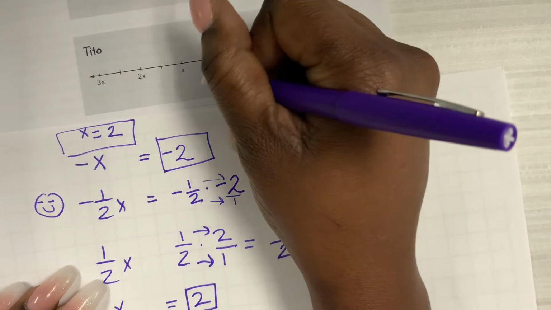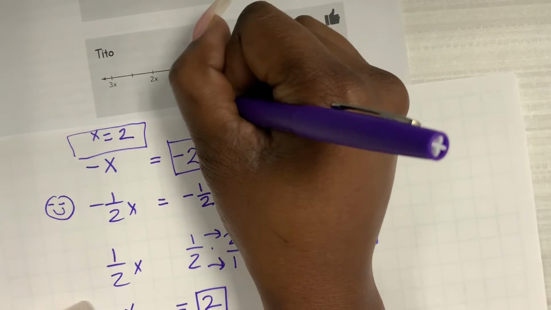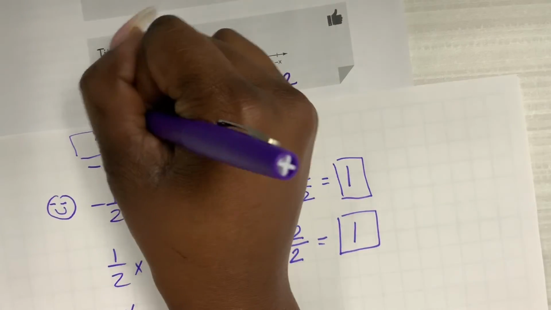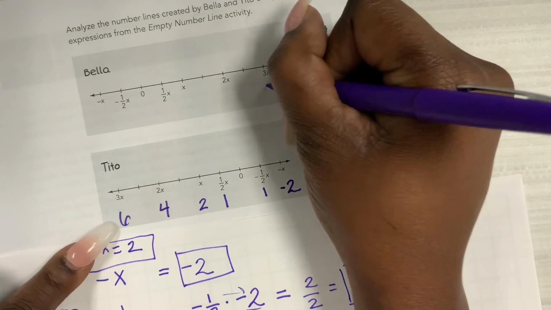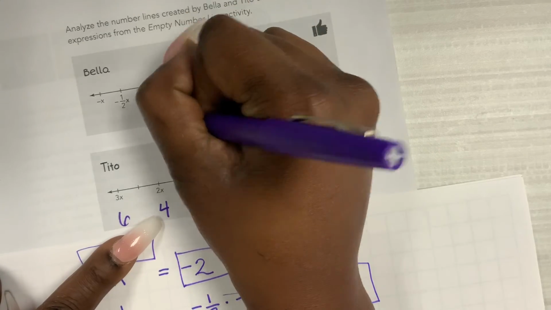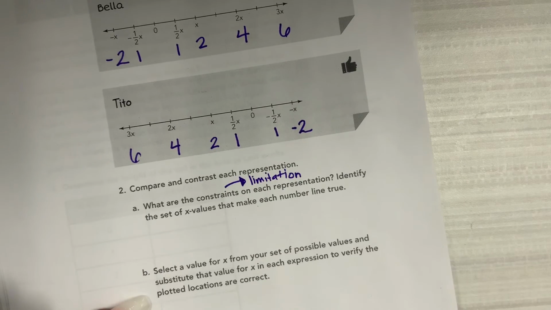For positive 1/2 x, I got 1. For x, I got 2. For 2x, I got 4. And for 3x, I got 6. So make sure you go back and rewrite those numbers. 3x was 6, 2x was 4, x was 2, 1, 1, negative 2.